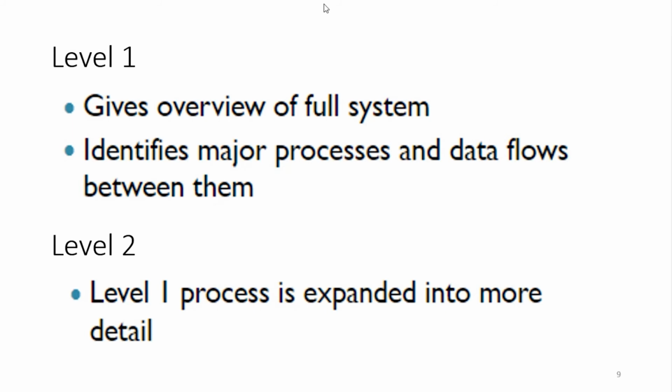So we can examine the input data, we can examine the output data from that process, from that function, and we can represent them appropriately in that level 1 diagram.